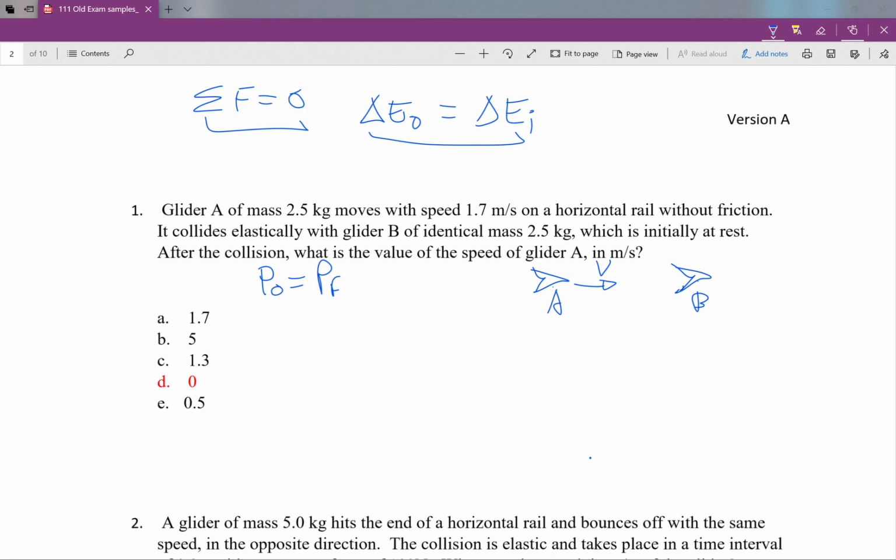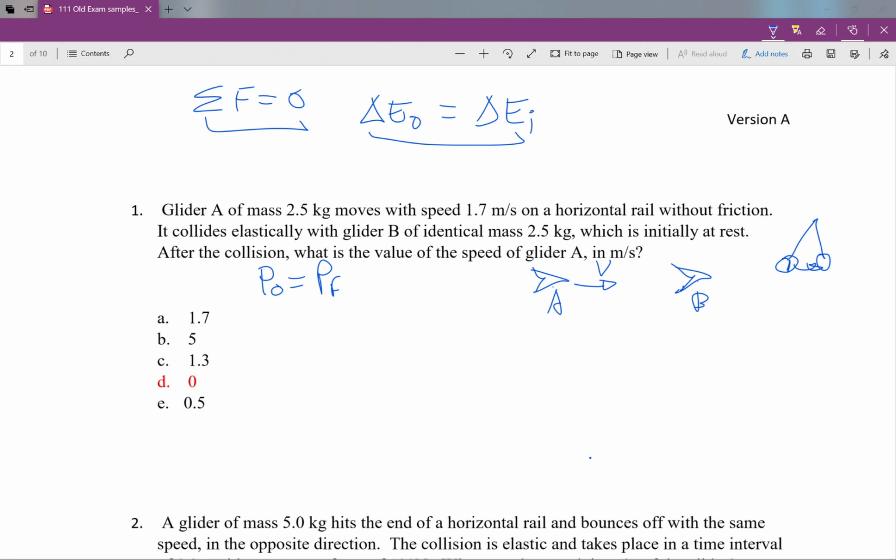If you've ever seen a Newton's cradle at work, you'll find that when the first ball hits the ball at rest, they basically switch velocities. That's exactly what's happening here, but I'll show you why that happens.